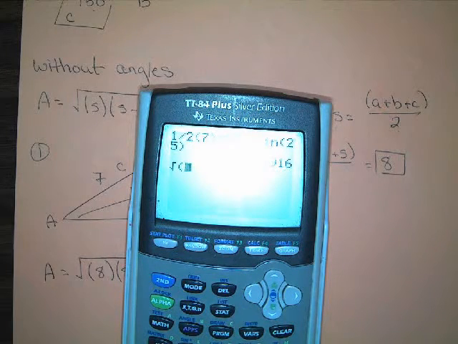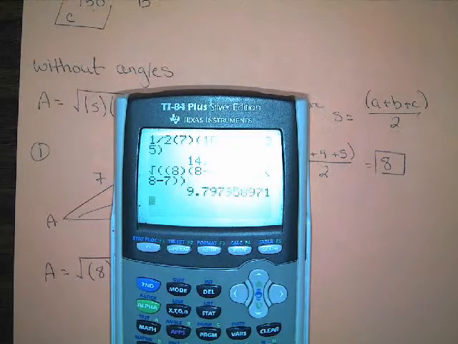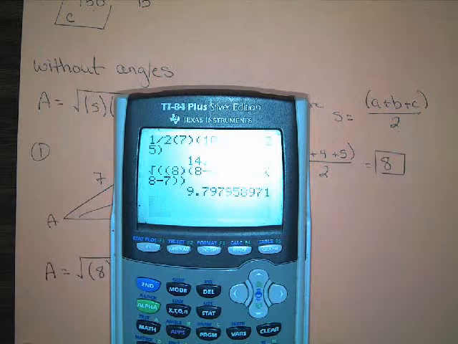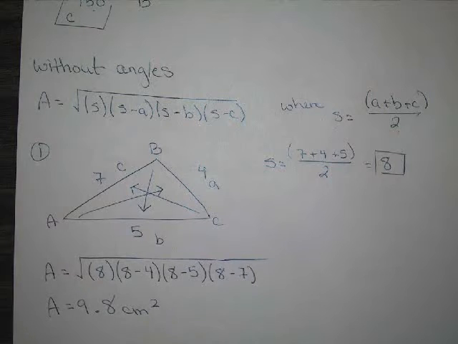So the square root, extra parentheses, of 8, 8 minus 4, 8 minus 5, and 8 minus 7. Push enter, and I get 9.7979, so on and so forth. So I'm just going to round to 9.8. So our area here is 9.8. That'll be centimeters squared or whatever units you have. And that's how you find the area using trig and without angles of a triangle.